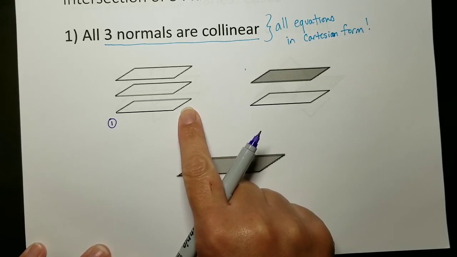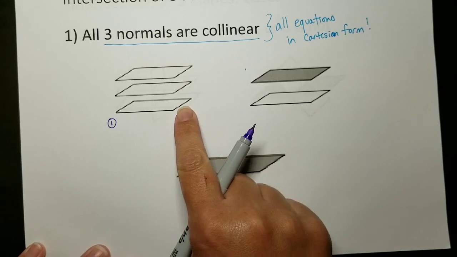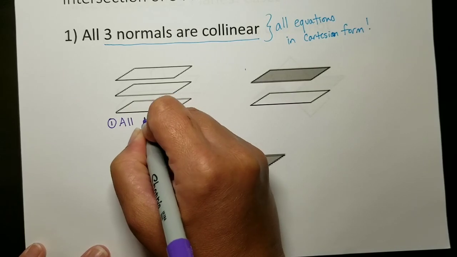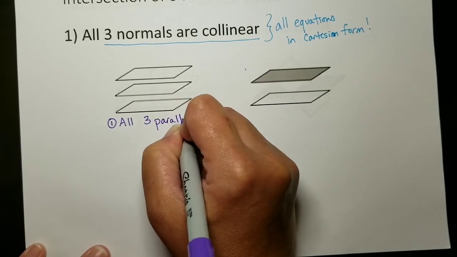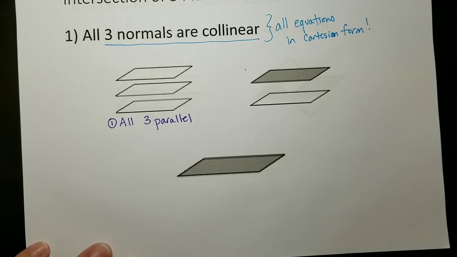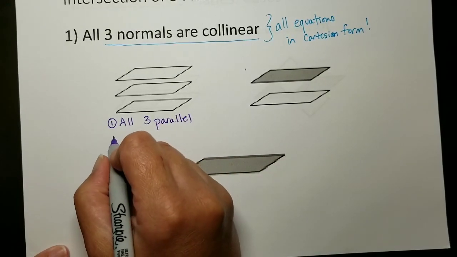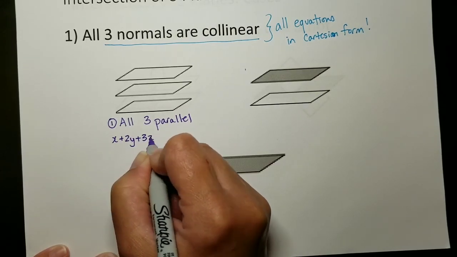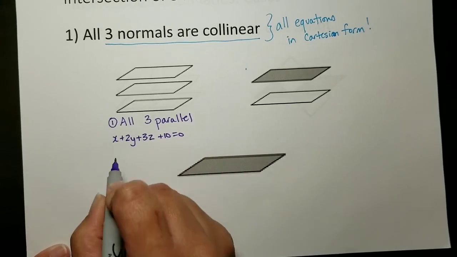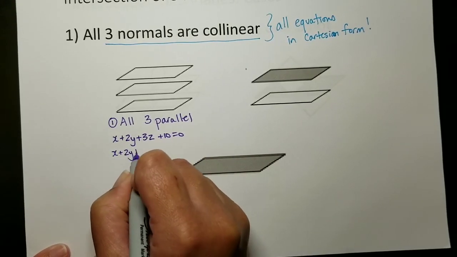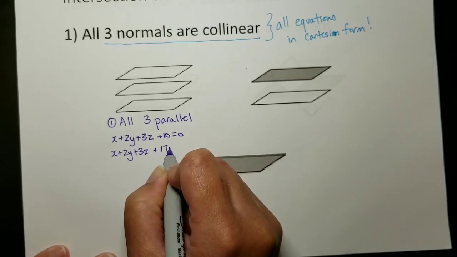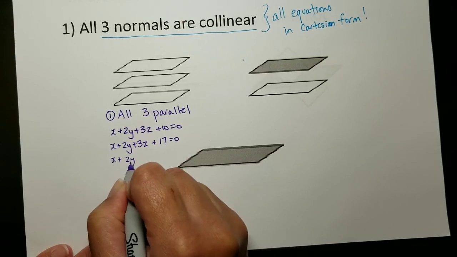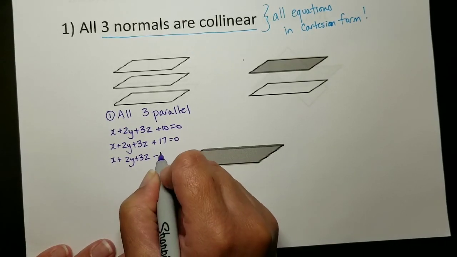So here you might have 3 parallel planes and they're all different. I'll give an example of that. So if, for instance, we had 3 equations and it was x plus 2y plus 3z plus 10 equals 0, and maybe x plus 2y plus 3z plus 17 equals 0, and x plus 2y plus 3z minus 4 equals 0.